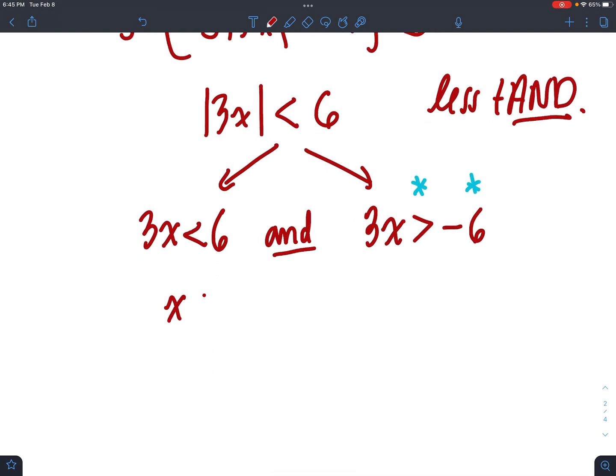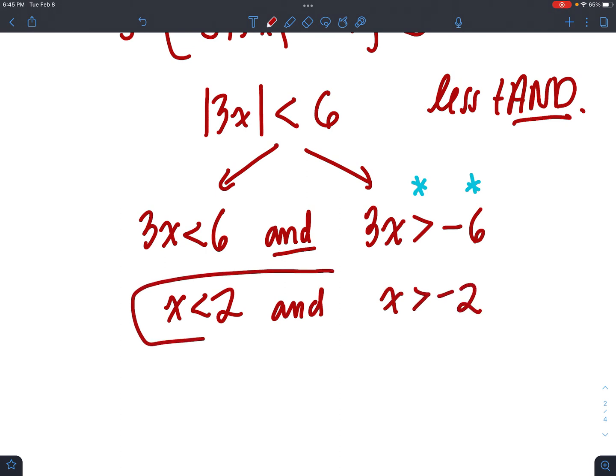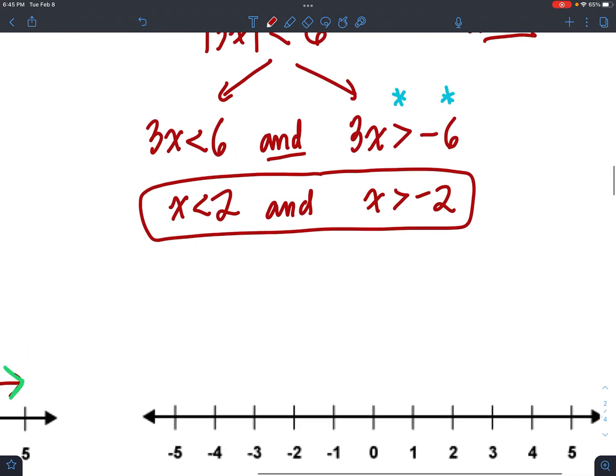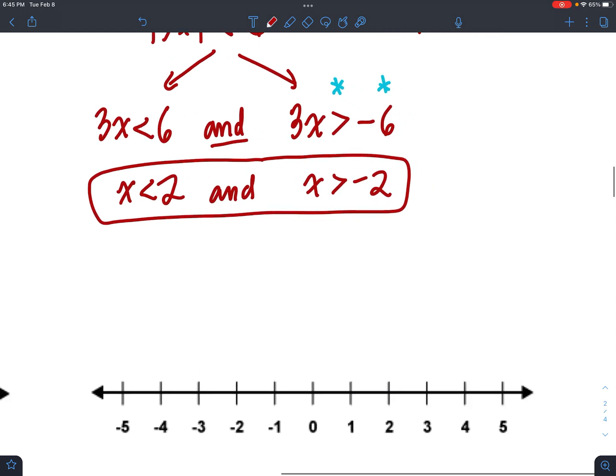Okay, so now I'm going to go ahead and solve for x, which is pretty easy here. And we get this. So what does that mean? Well, we got 2 and negative 2, open circles, right? And if we read this, it says x is less than 2, but it's bigger than negative 2. So it's this chunk here.